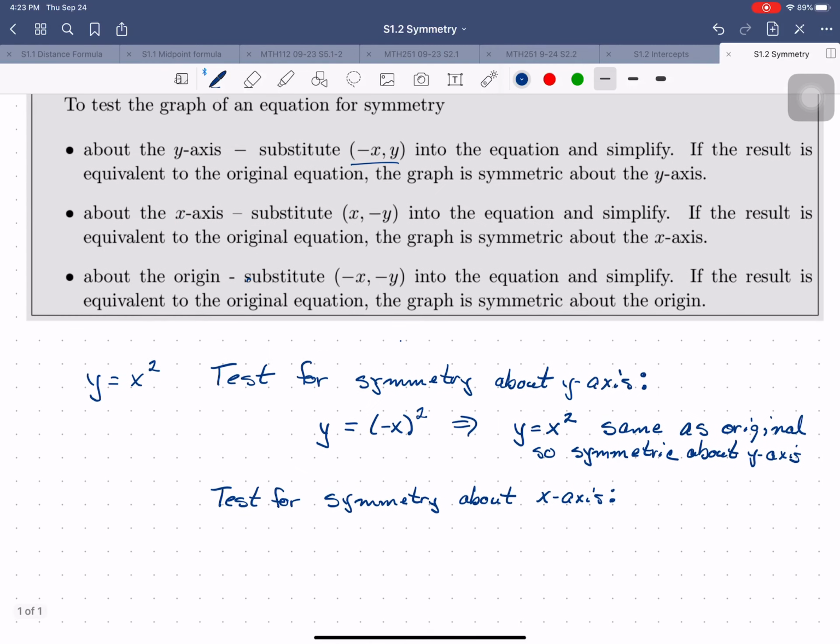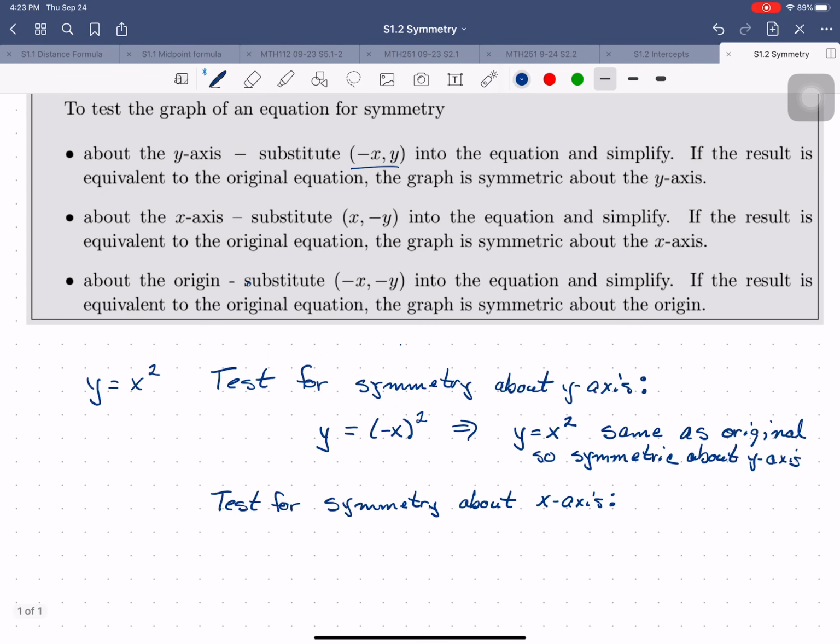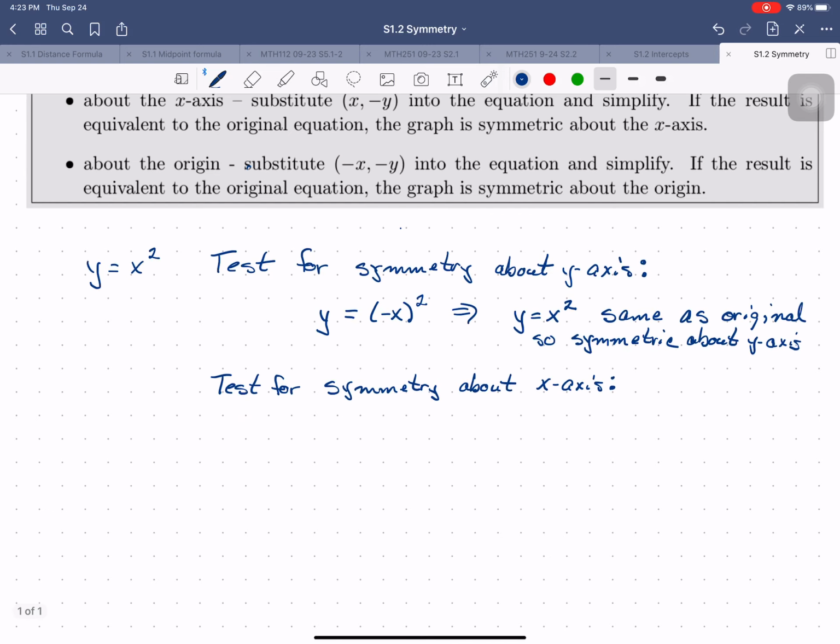This says replace x with x and y with negative y. So what I'm saying is negative y is equal to x squared. If I solve that for y, I get y equals negative x squared. This is not the same as y equals x squared.